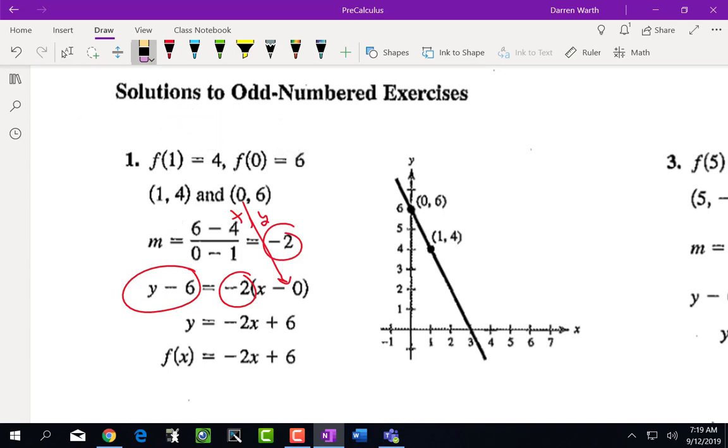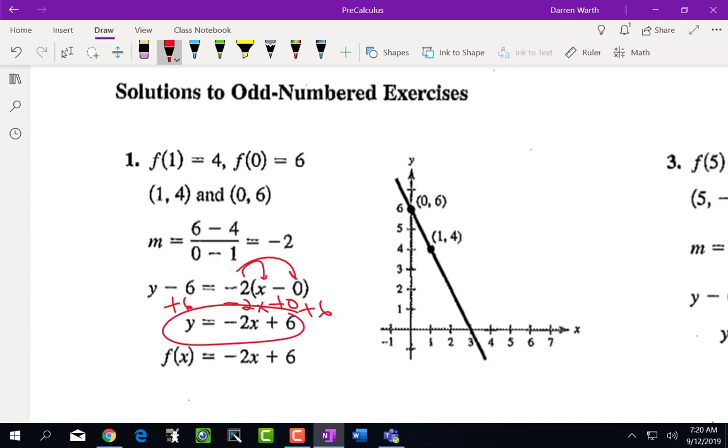Distributing this through, you're going to get negative 2x plus 0. Now we're going to add 6 to both sides, and there's our equation, y equals negative 2x plus 6. Of course, that is equation notation, so they change this y to f of x. So f of x equals negative 2x plus 6.